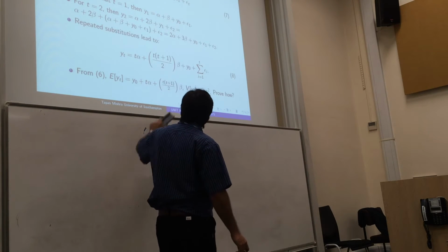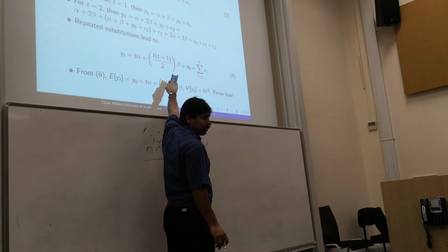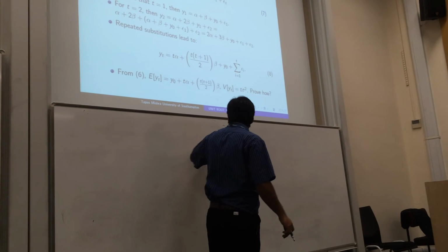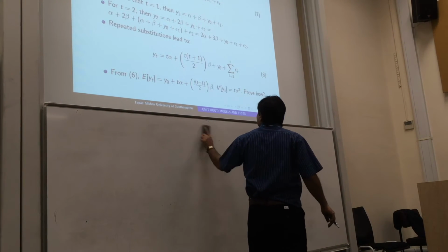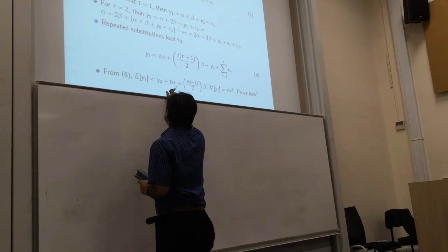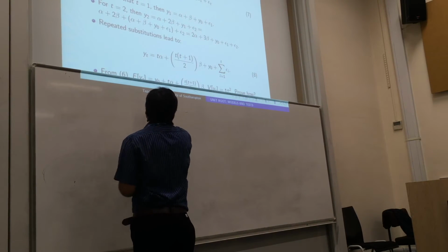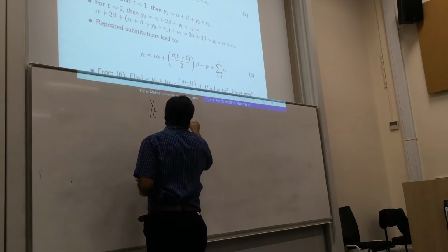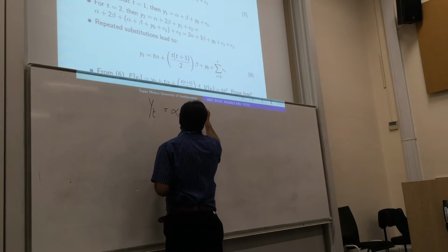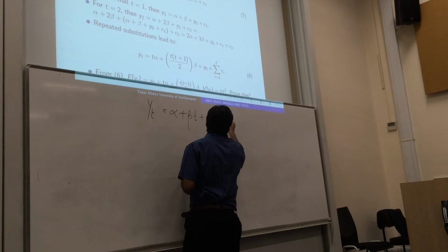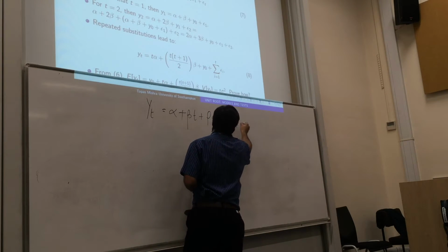We have used exactly the same type of calculation here. Let me show you how. So our model is yt, and we have both intercept and trend. By the way, what is trend in a time series?